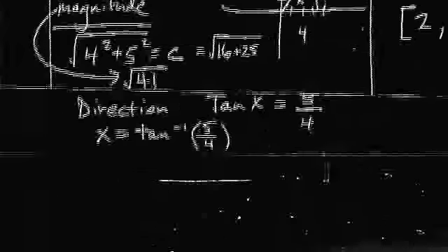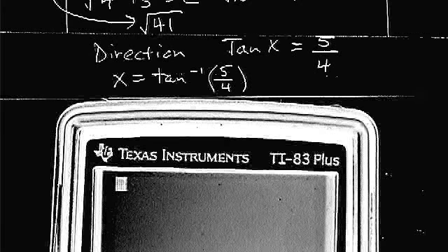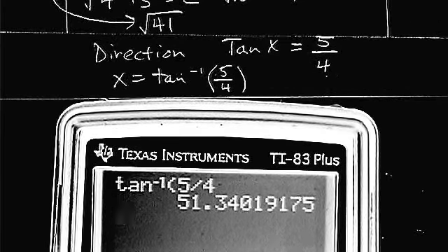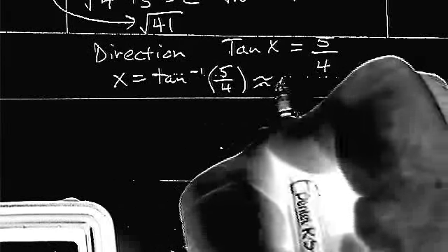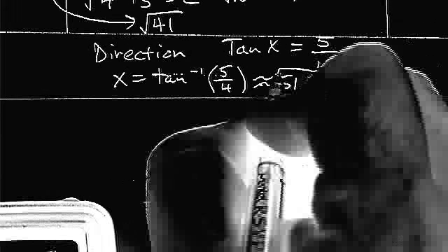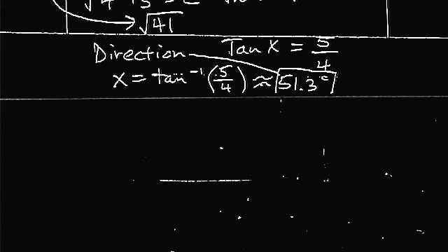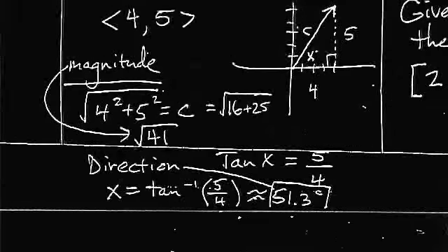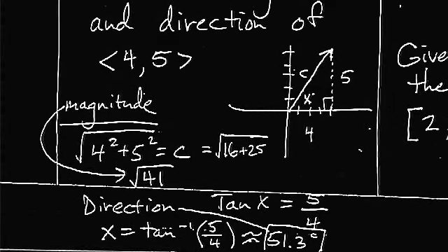With the handy-dandy machine, tangent inverse of 5 over 4, we get a 51.3 degree angle. So x is approximately 51.3 degrees. That would be the direction. Magnitude and direction. You will have to be able to do both of them given a particular vector.